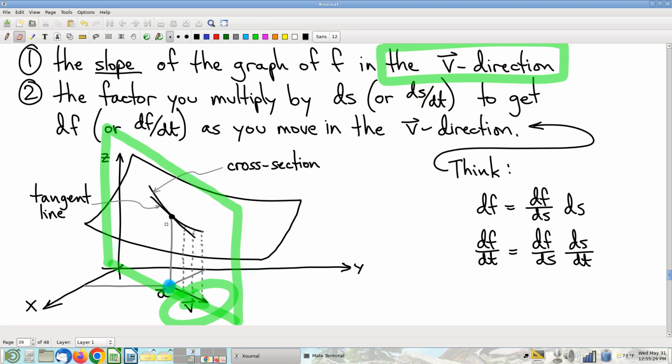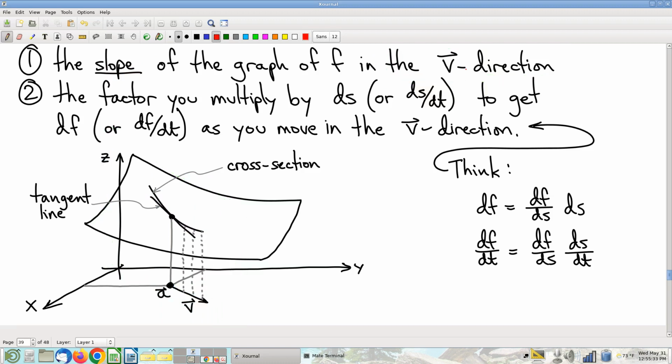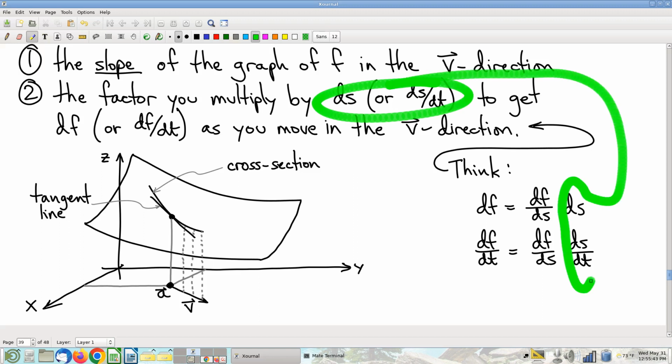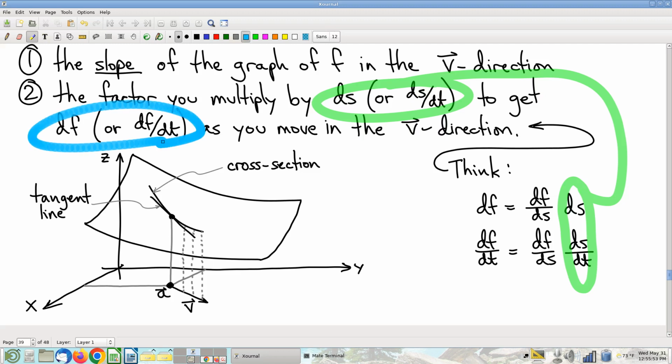Okay. Now let's talk about this business about the multiplicative factor. Keep in mind, per partial derivatives, it's what you multiply by what I'm going to call the input change in that direction to get the output change as you move in that direction.